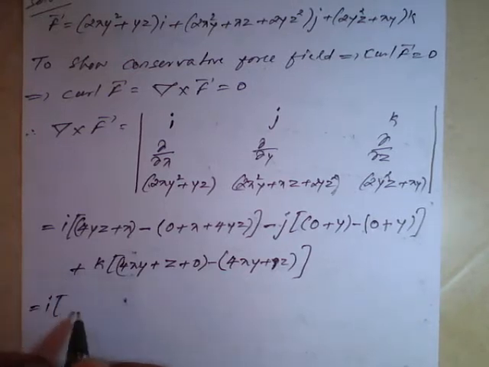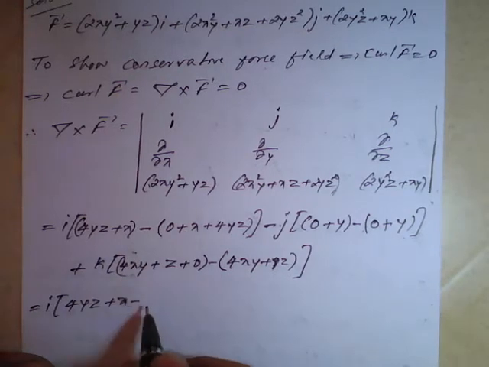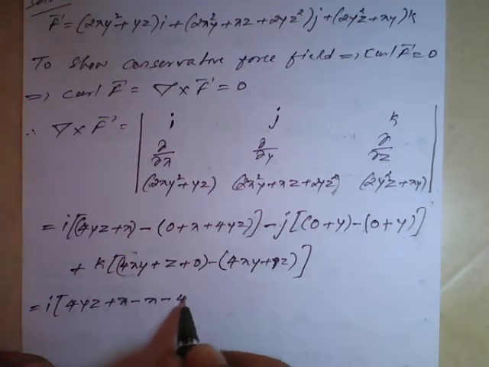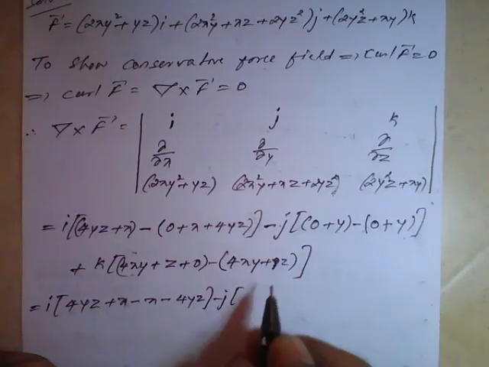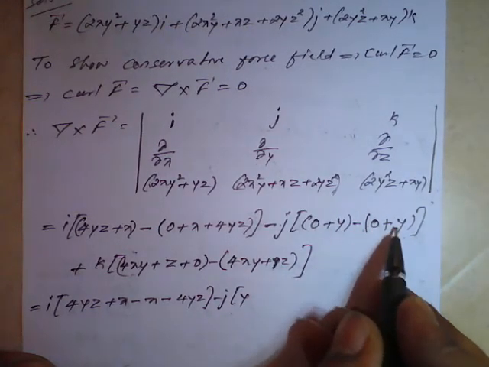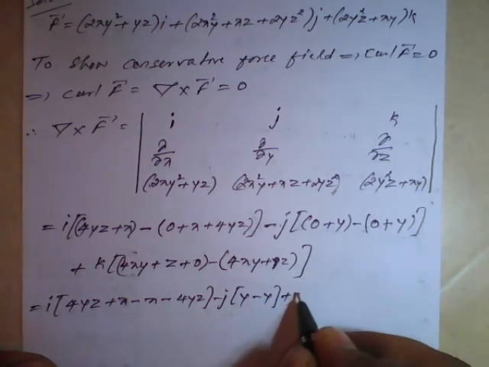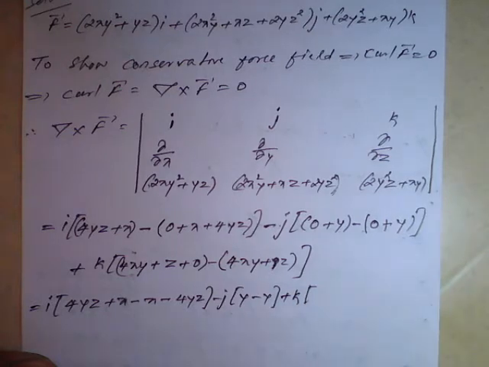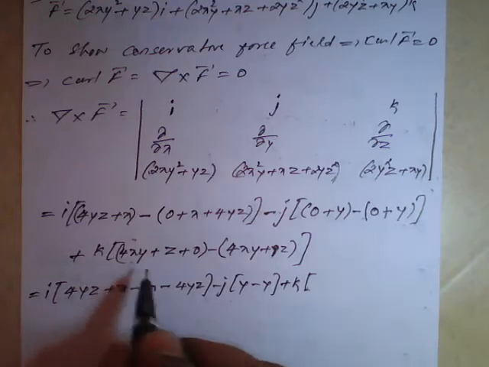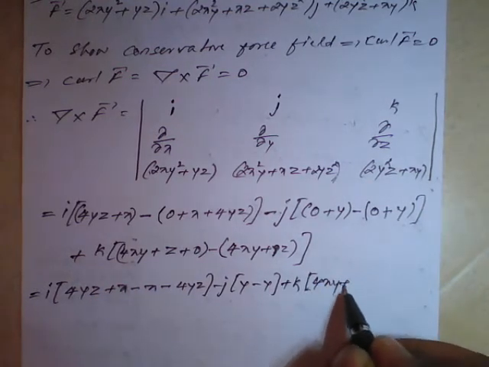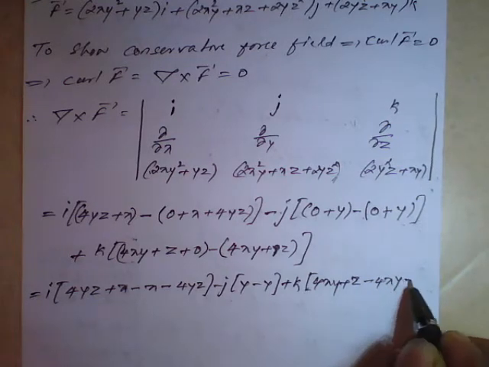i times, open the bracket, 4yz + x, open the minus, minus x, minus into plus is minus 4yz; minus j times 0 + y is y, plus minus into plus is minus y; plus k times 4xy + z minus 4xy minus z.